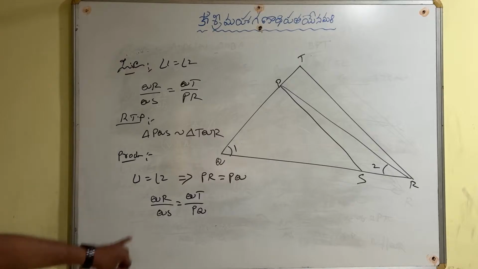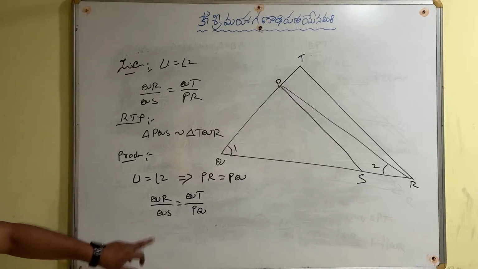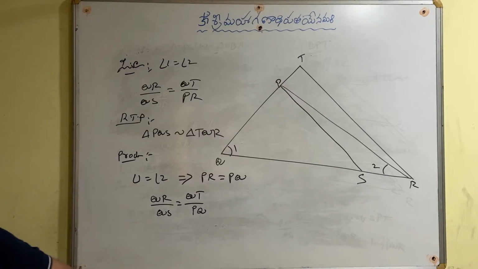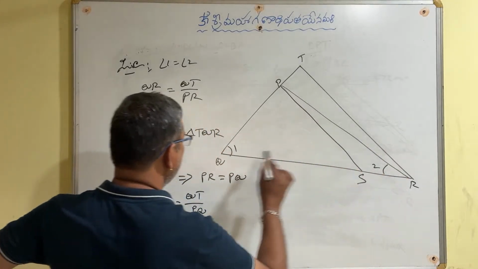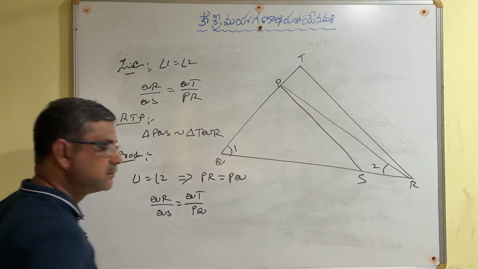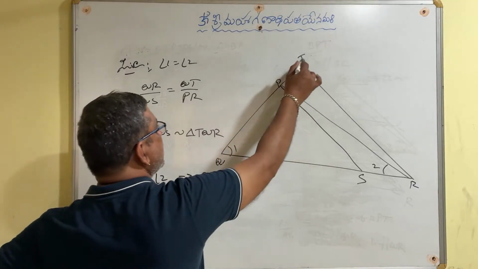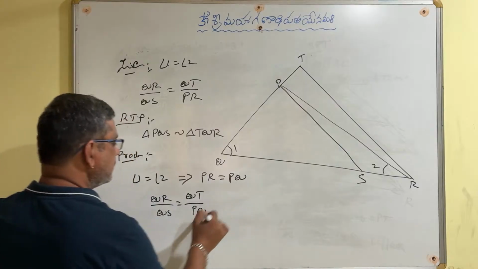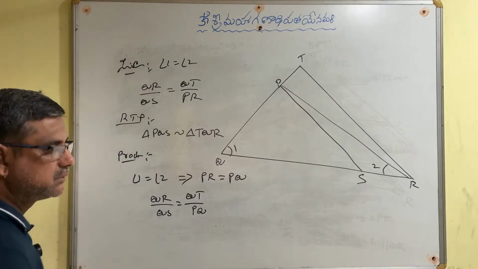Now try to see this ratio, children. QR by QS is equal to QT by QP. PQ, QP both are the same.